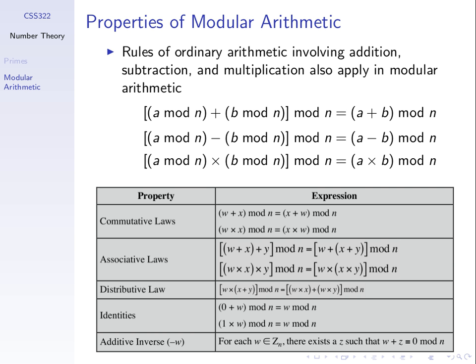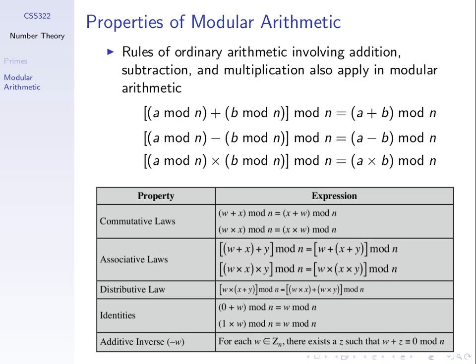This can be useful in applying modular arithmetic on large numbers. Even in this simple example, I didn't have to calculate 11 times 15. What is 11 times 15? Okay, we don't know it off the top of our head. But I could find 11 mod 8 to be 3, 15 mod 8 to be 7, and I do know 3 times 7. So if we use very large numbers instead of 11 and 15, we can break that down into much simpler operations.